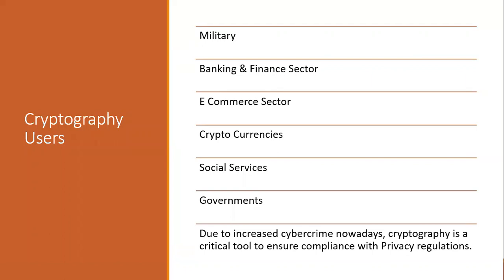Social services, governments, and nowadays with the increased level of cybercrime, cryptography is a real critical tool to ensure that we comply with privacy regulations, the GDPR, the UK Data Protection Act, and other global standards with regards to information security.